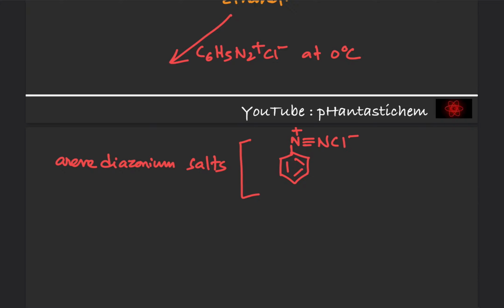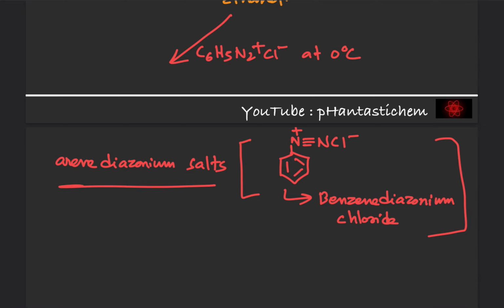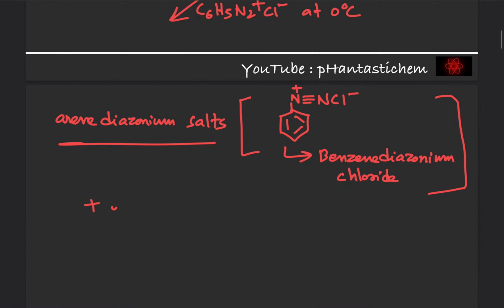The name of this is benzene diazonium chloride. We should know that when arene diazonium salts are heated with ethanol, the diazo group is replaced by hydrogen. So instead of this group, we will have a hydrogen.